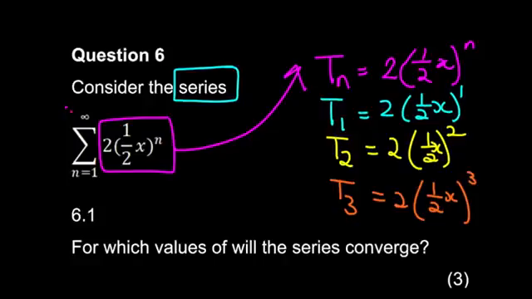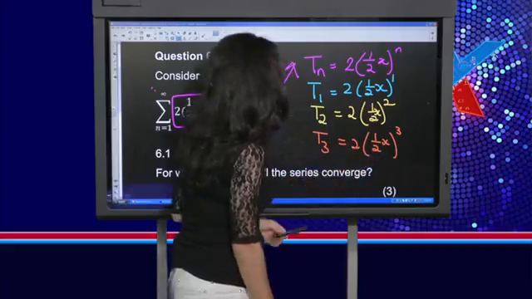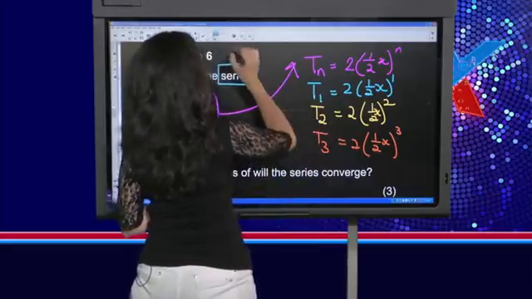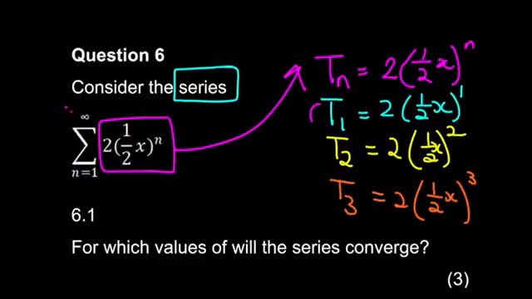So I think that you can see what is happening from the blue term to the yellow term. I've taken that a half x and I've multiplied by another half x. And over here, to make it cubed, I've multiplied by another half x. So I can tell that these 3 terms form what kind of a series? They form a geometric series where my ratio is a half x.